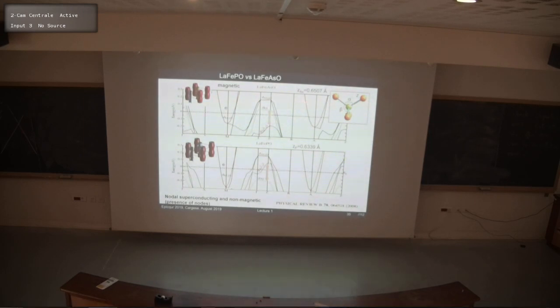Another interesting thing is that if we do this isoelectronic substitution, so we have iron phosphorus here and we replace the phosphorus with arsenic, as I said, usually it doesn't have a doping effect, it's just a chemical pressure effect. The difference between these compounds resides in the position of the arsenic above the plane. Here we have 0.65, whereas for the phosphorus case it is 0.63.